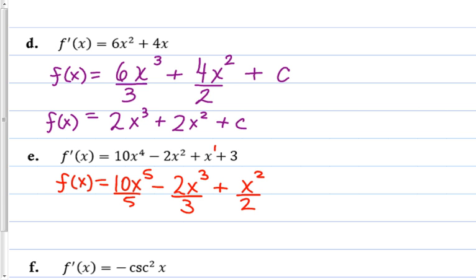And then, ooh, 3, that's a constant. So if I derived already and I ended up with just 3, that means that there was an x with it, right? And then, of course, there could have been another constant. And there you go. This one can be simplified a little bit. 10 over 5 is 2. But that's it. Everything else is going to stay exactly how it is.